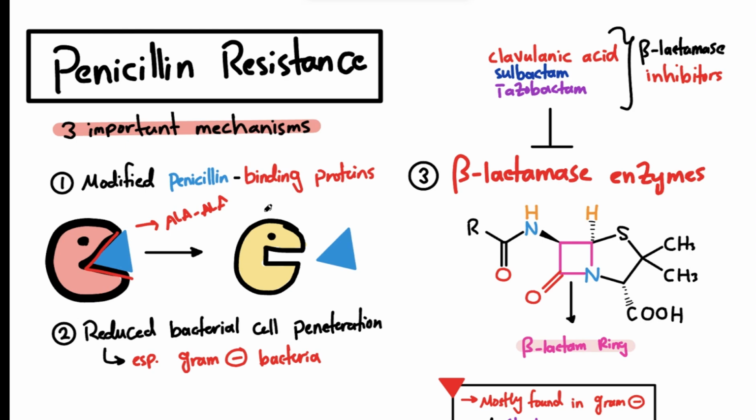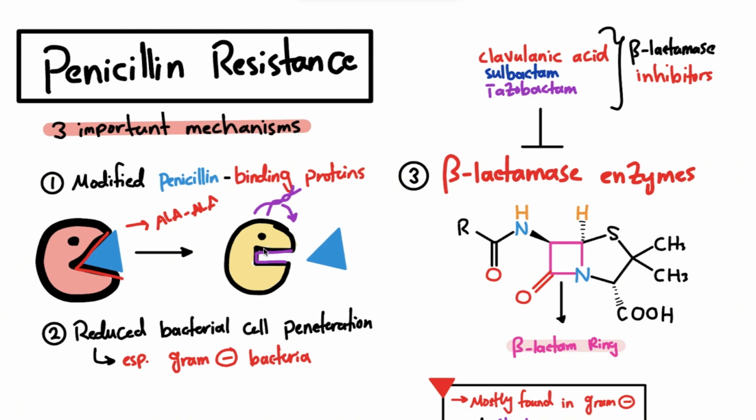Sometimes the bacteria would undergo gene mutations that change the shape or modify the transpeptidase. Then the penicillin is no longer able to bind to the transpeptidase, so it can keep going and cross-link the peptidoglycan to form a well-working cell wall.